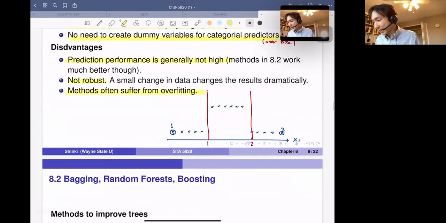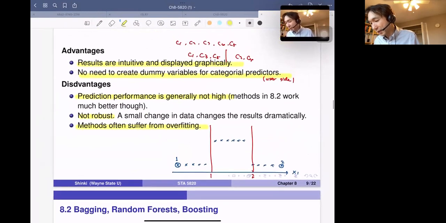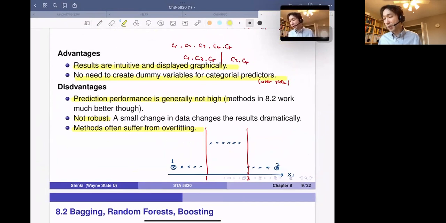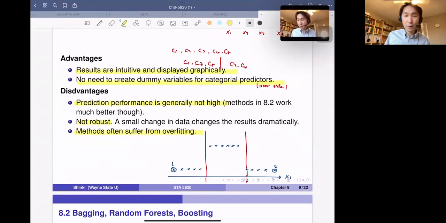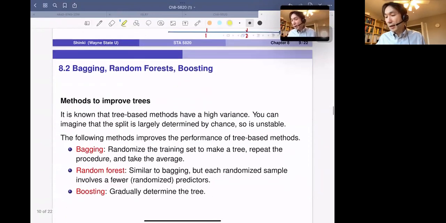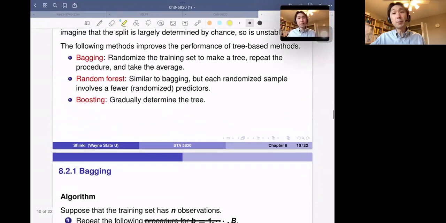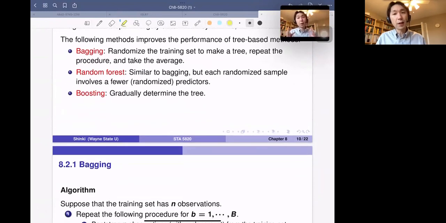It's kind of mysterious, but sometimes even cross-validation is not enough to evaluate the performance. So that's regression trees. In later sections we improve these tree methods. The original ideas are the same, but the algorithms are improved so that the prediction performance is better.